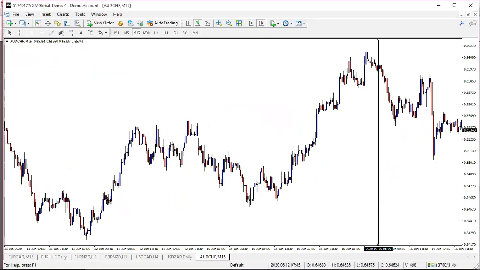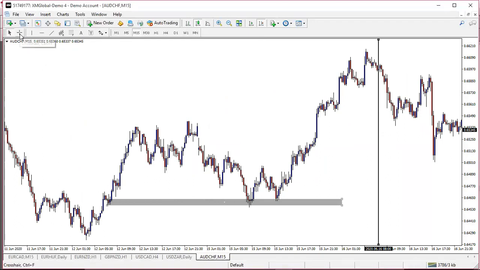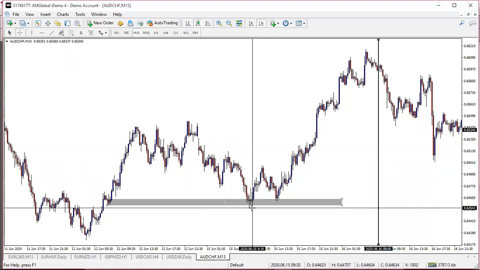Well, this is reacting to that. We didn't close above. Maybe you have to push up one pip or less. It's actually 2 pips.